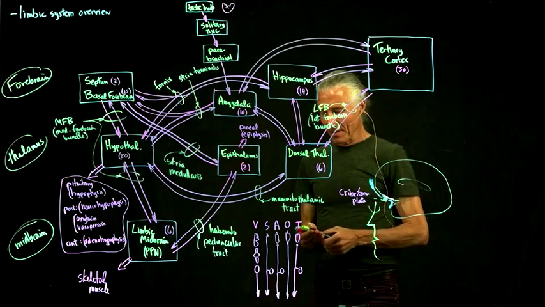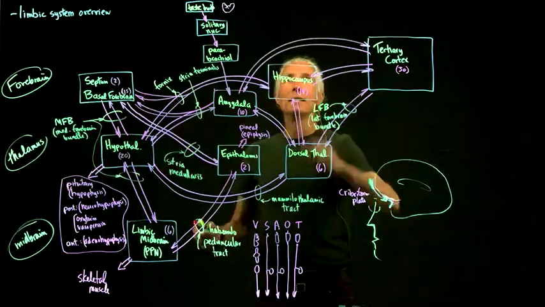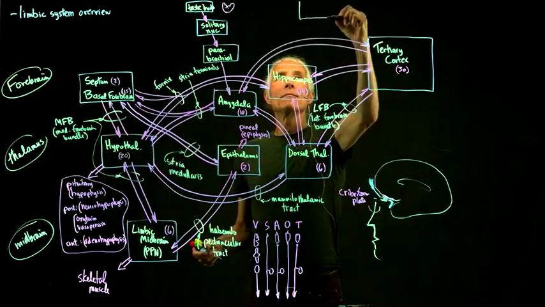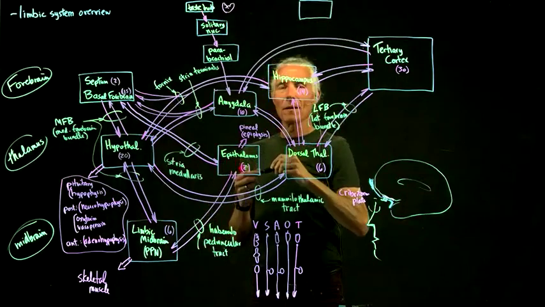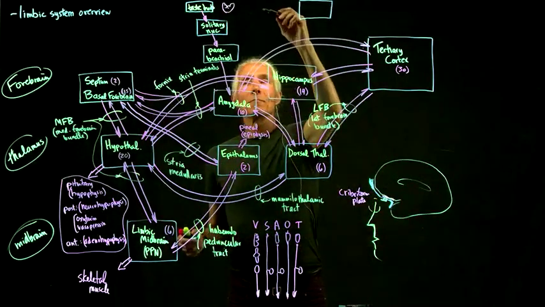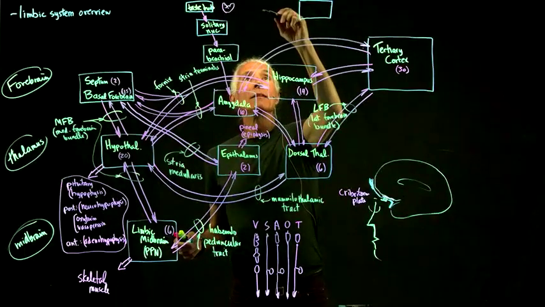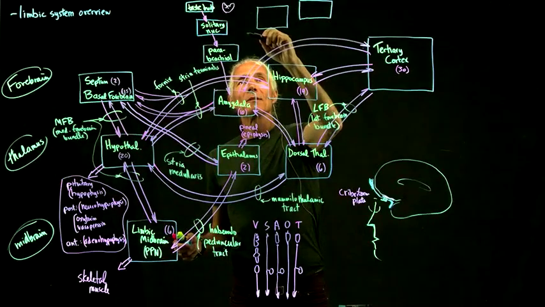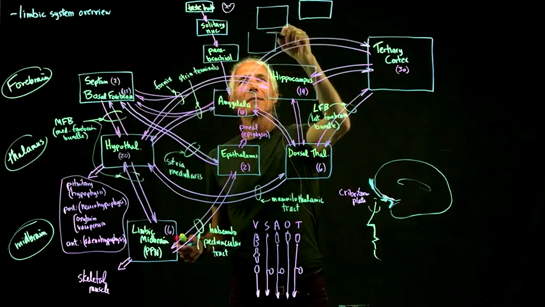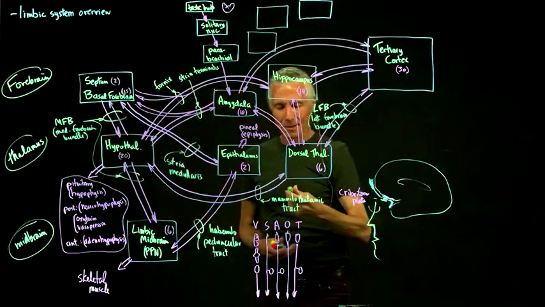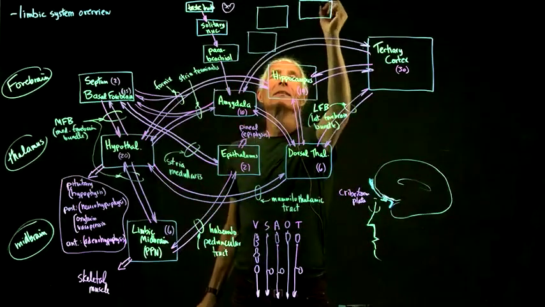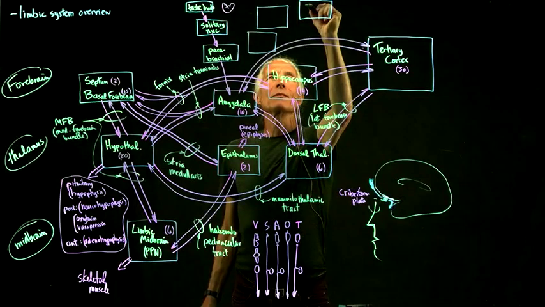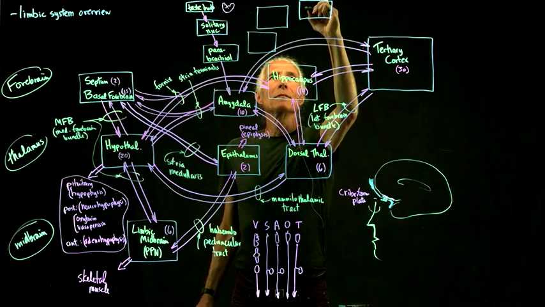So we have that olfactory epithelium, and that's projecting to the main olfactory bulb. And then that projects to piriform cortex, which sort of means pear-shaped cortex. So here's the olfactory epithelium.